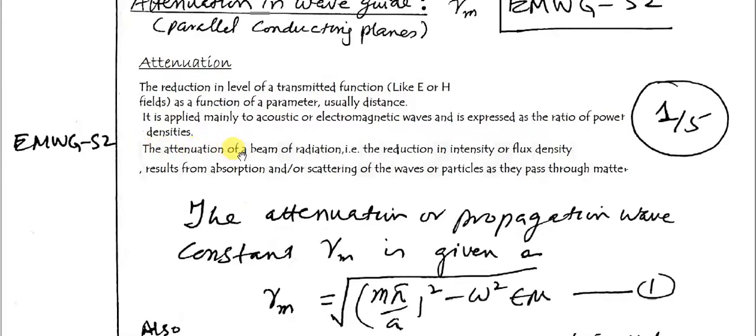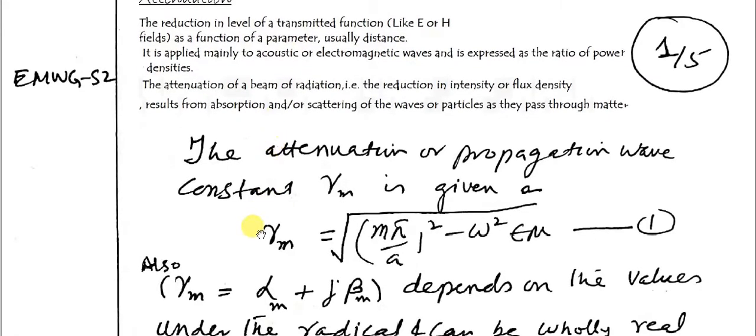The attenuation of a beam of radiation, that is the reduction in the intensity of the flux density, results from the absorption and/or scattering of the waves or particles as they pass through matter. So attenuation means the reduction in the level of the transmitted wave.